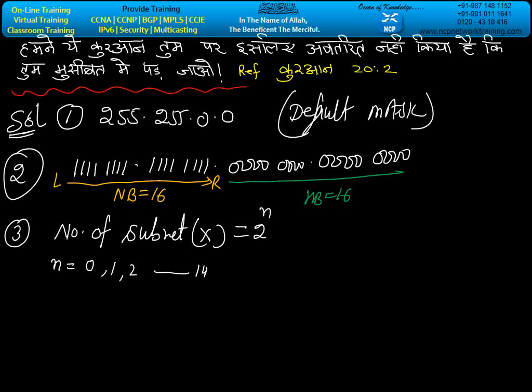Because by default, class B has how many bits? 16 bits, and the maximum bits of the network in any IP address can be 30, and 16 bits plus 14 bits equal 30. That is 6 bits from the last 4th octet and the 8 bits from the 3rd octet. 8 plus 6 is 14.